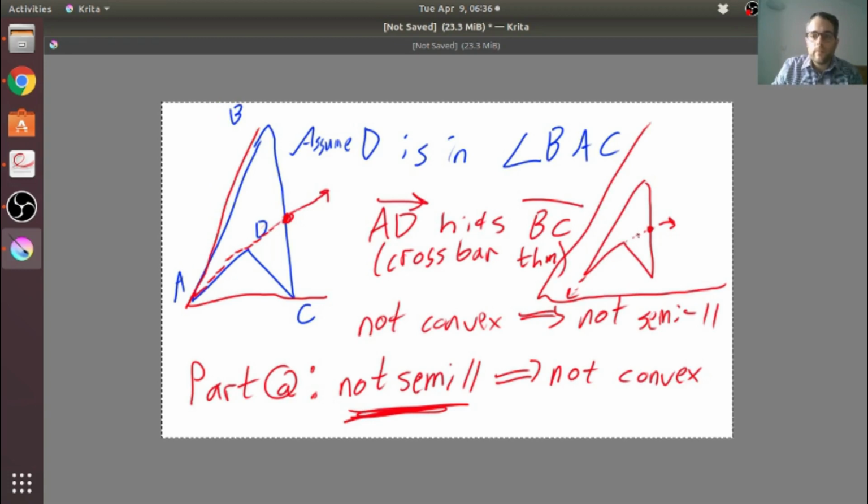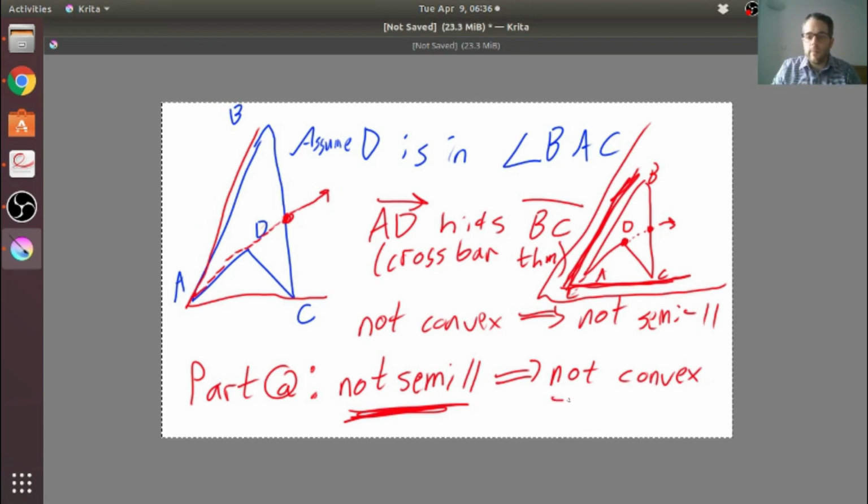Well, that by definition means that this point is in the interior of this angle, by one of the betweenness theorems, or by the definition of betweenness for rays. If I label this A, B, C, D, and the ray AD hits the segment BC, that means D has to be in the interior of angle BAC.